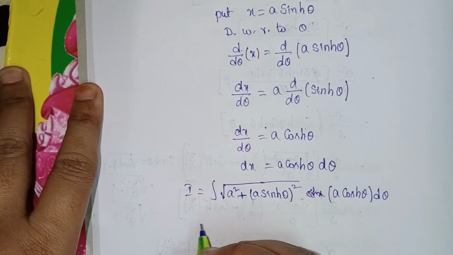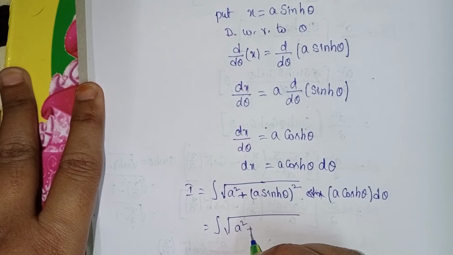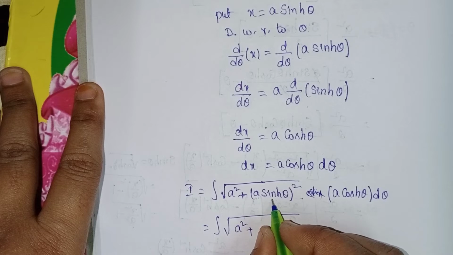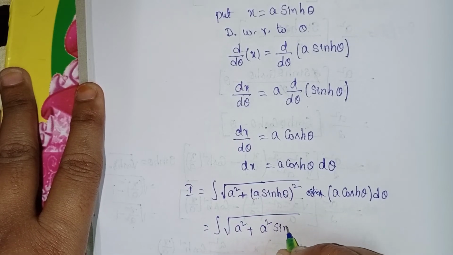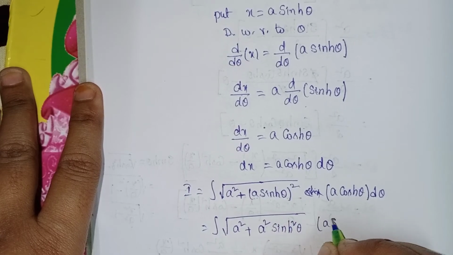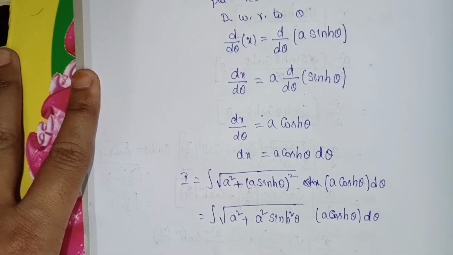Now integral of square root of a square plus a square sinh square theta into a into cosh theta d theta.